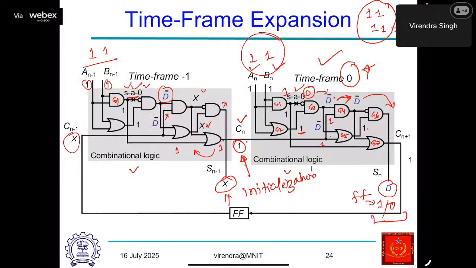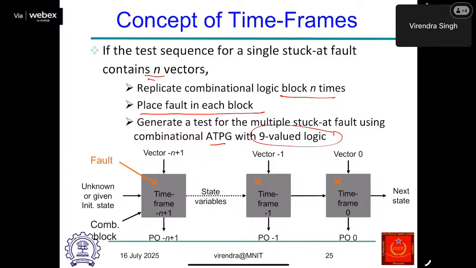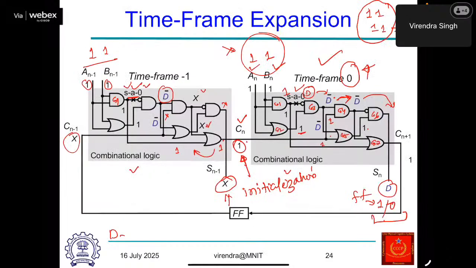So far the one problem is that I have to replicate this. Now in this test generation we use the D algorithm or PODEM or FAN or any other algorithm.